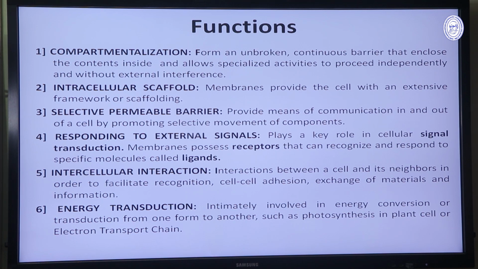Second, it is forming an intracellular scaffold. So, membranes provide the cell with an extensive framework or scaffolding to maintain its shape and the transport of cell organelles. Third is selective permeable barrier. So, that means they provide a means of communication in and out of a cell by promoting selective transport across the membrane, because cell is a live system.